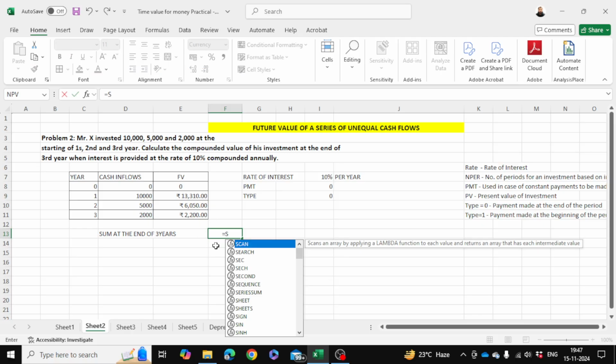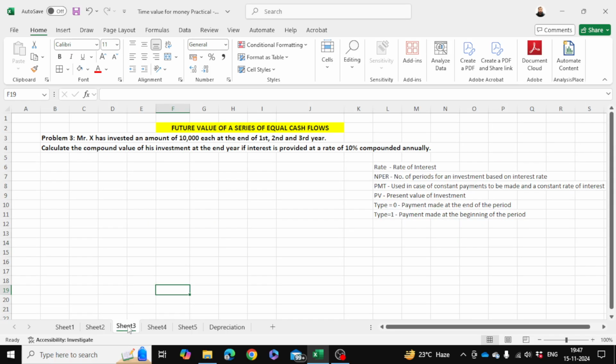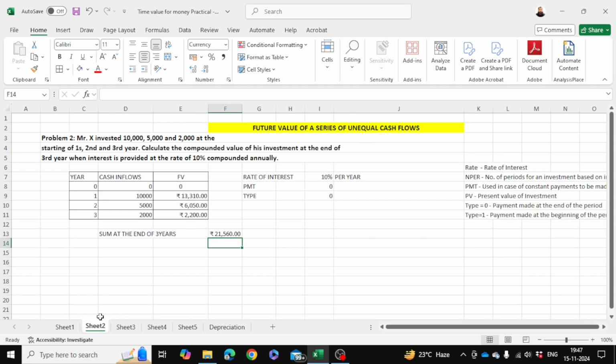So equals to sum, start the bracket, and add the 3 future values. So the complete array you can select at once, right? So this is 21560. Okay, next I'm going to proceed. So if you are having any doubt, you can ask me through the comment box.